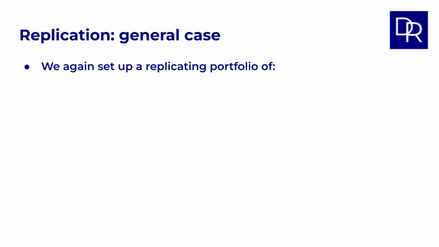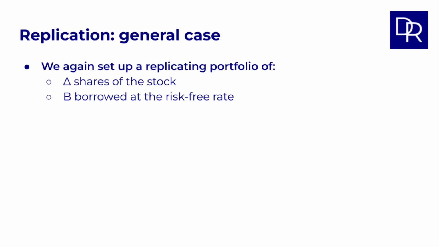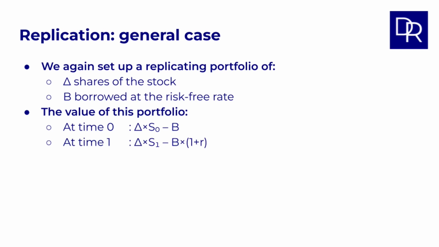We can use this approach more generally to replicate any payoff. Again, we set up a replicating portfolio of delta shares of the stock and B borrowed at the risk-free rate. As before, the value of this portfolio at time 0 and at time 1 are as shown here.